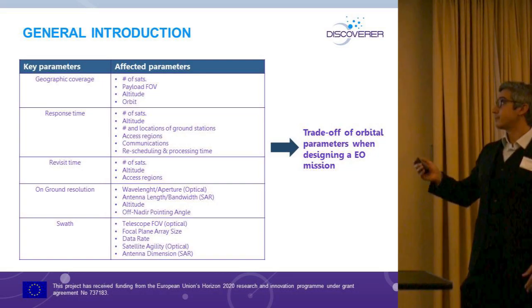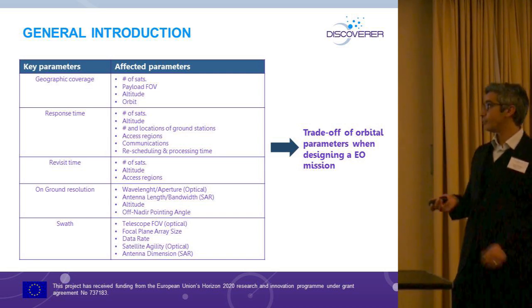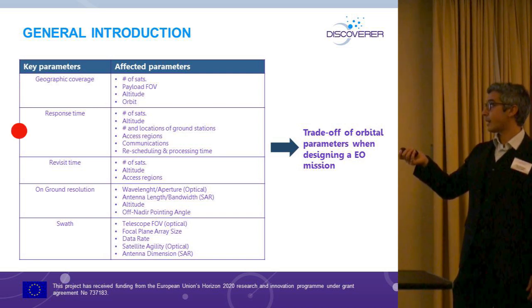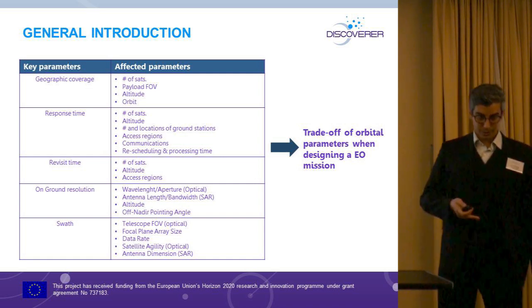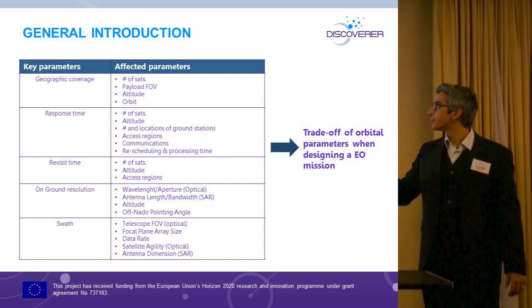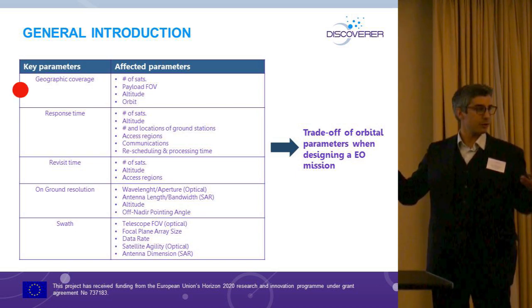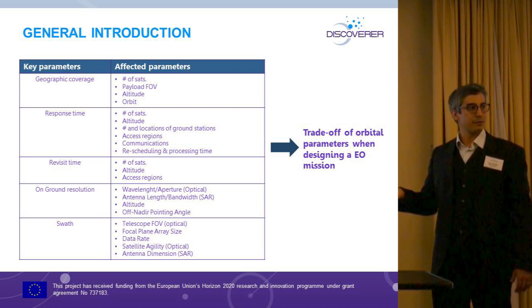As I said, we need to make a trade-off between different features, between different parameters. So we have geographic coverage, response time, revisit time, on-ground resolution, and swath. We need to take into account that if we touch some of the parameters to improve geographic coverage, for instance, immediately this has an impact on the other features.